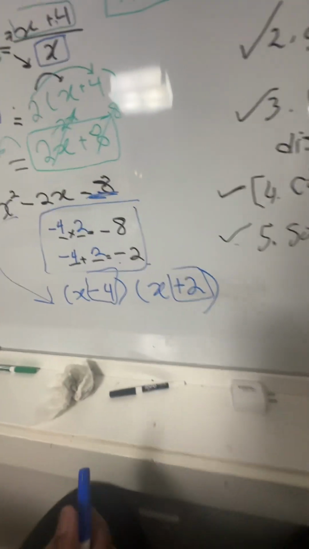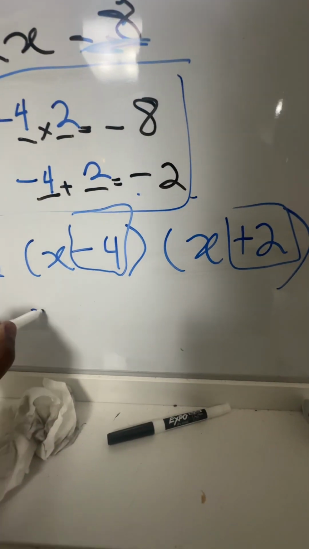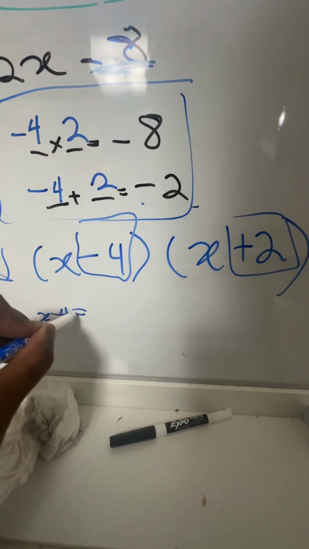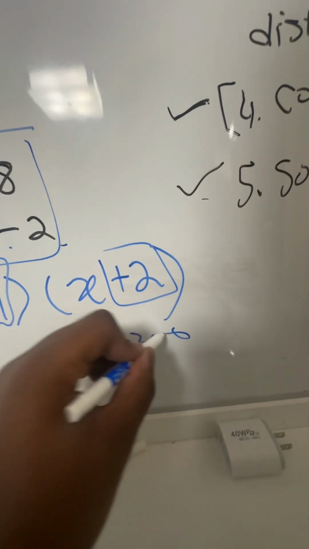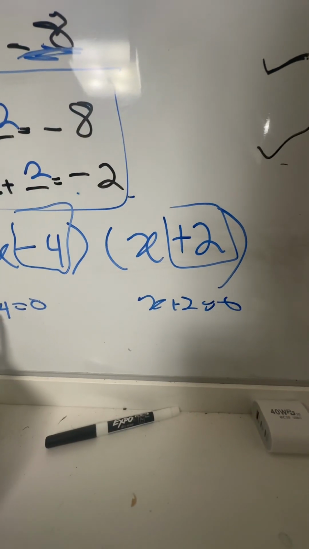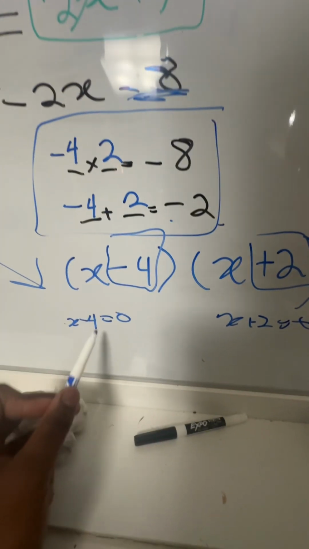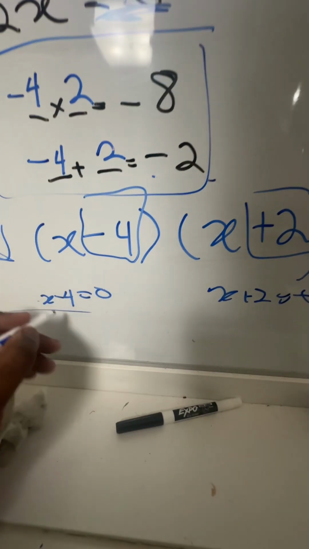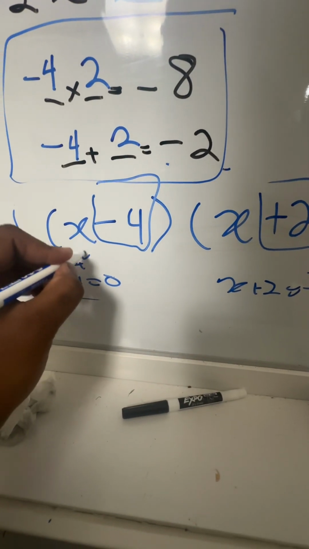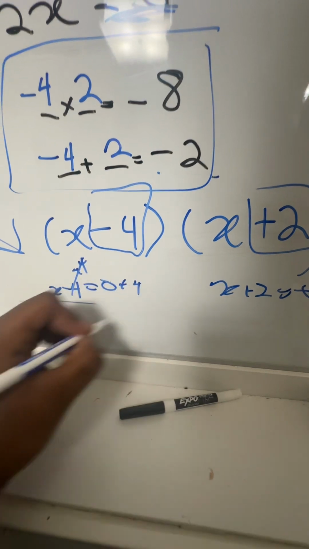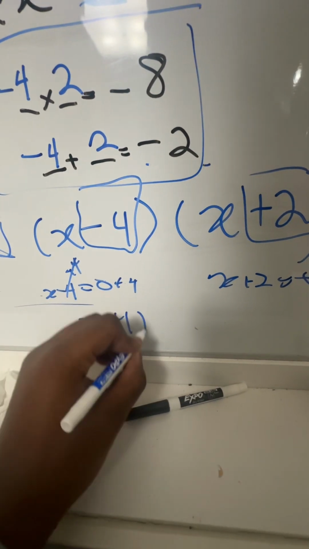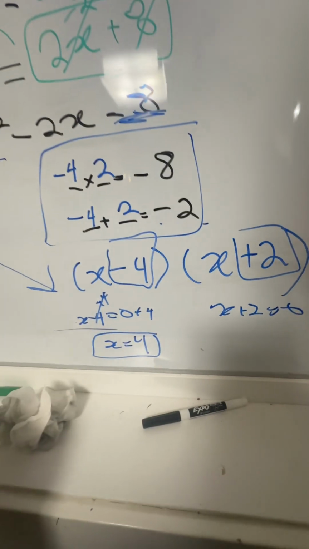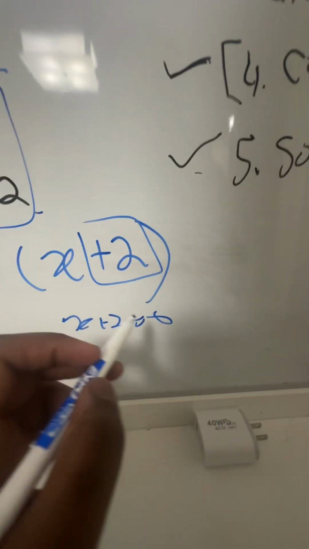So once you have these, you're gonna set x minus 4 equals 0, x plus 2 equals 0, and then you're just gonna isolate it to solve for x. So to get rid of the -4, you add 4, x equals 4, and then for this it's x plus 2.